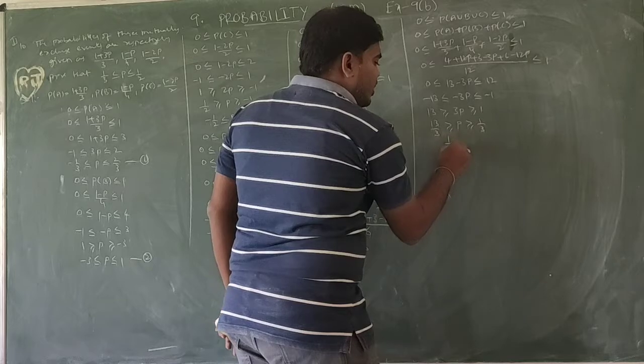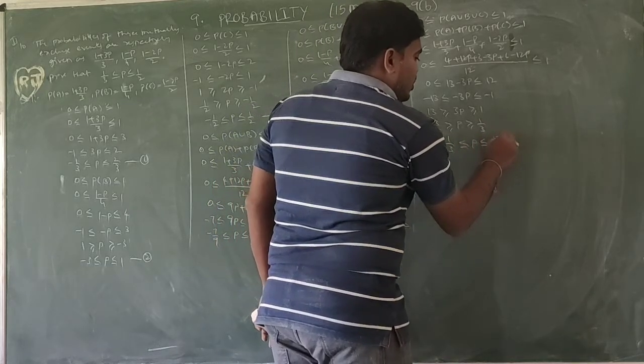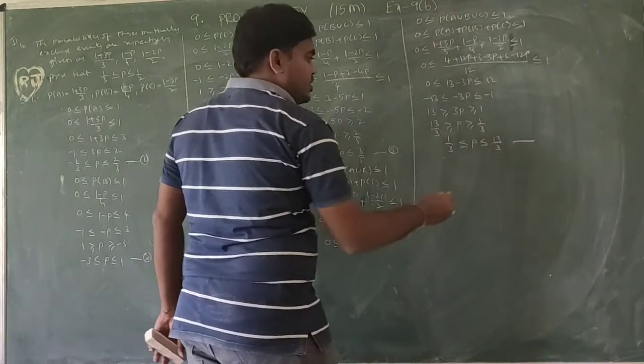Writing in order: 1/3 ≤ P ≤ 13/3, in equation number 6.